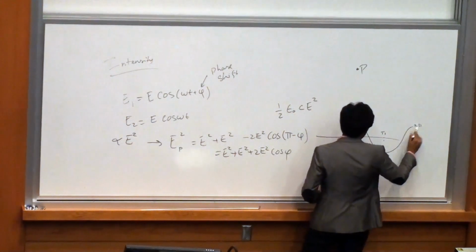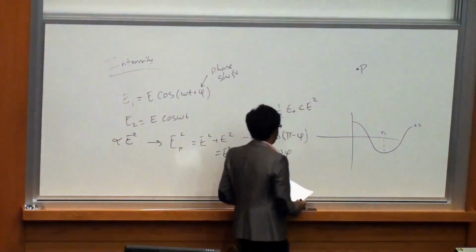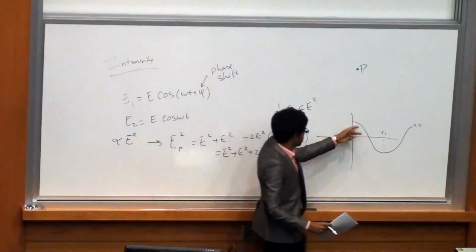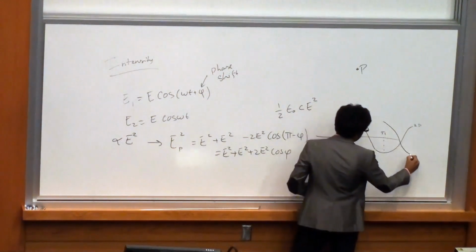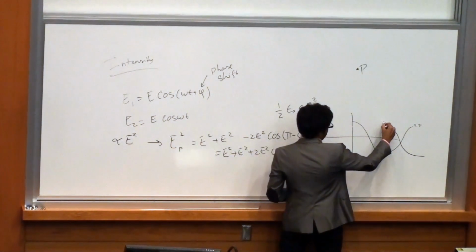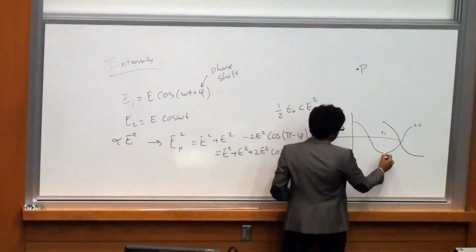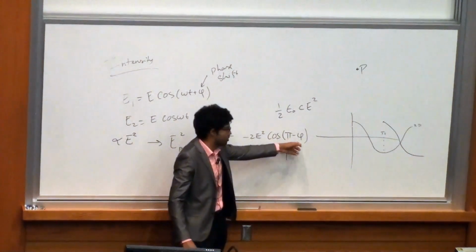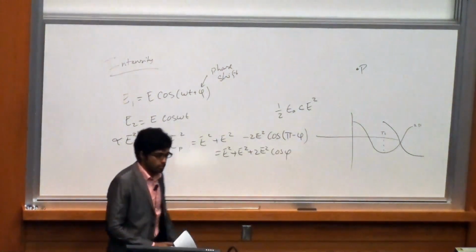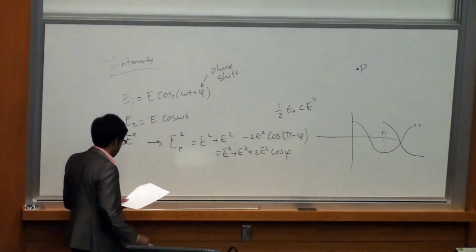This is 2 pi. If I shift the whole thing by pi, this thing will basically flip. So whatever I have as positive there, I would now get negative there. So basically, I can take the pi out and then flip the sign, and we're good there.